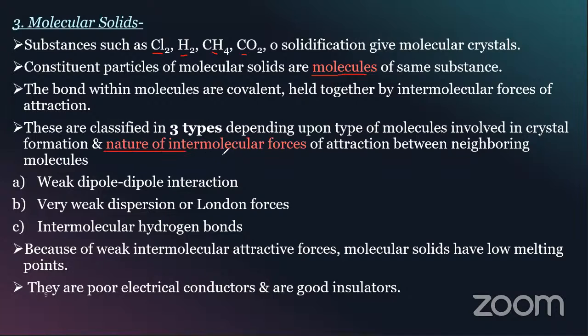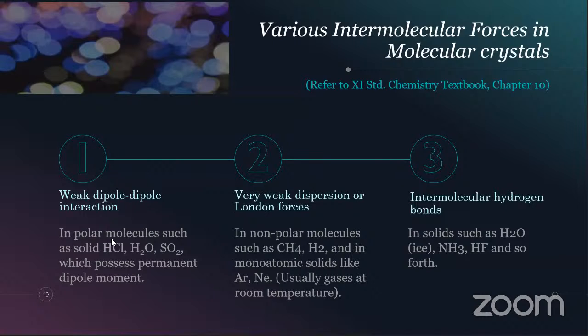Depending upon the nature of intermolecular forces, in molecular solids you have 3 types. Depending upon weak dipole-dipole interaction, very weak London forces, and intermolecular hydrogen bonds. So just remember the examples. Whenever there is dipole-dipole interaction, what does that mean?